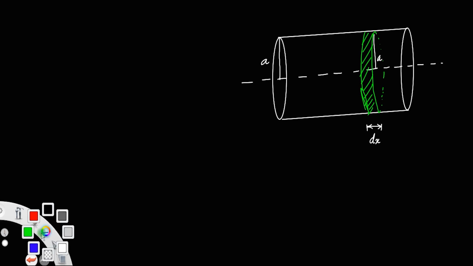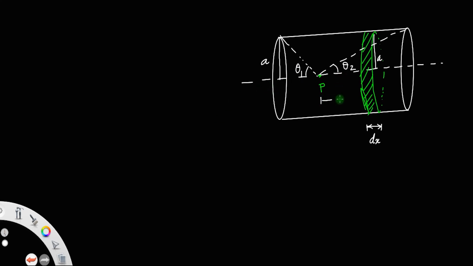Now let us consider a point P anywhere on the axis of the solenoid. Let the angular distance from the point P to one of the extreme ends of the solenoid be theta 2, and let the angular distance of this point P to the other end be theta 1.